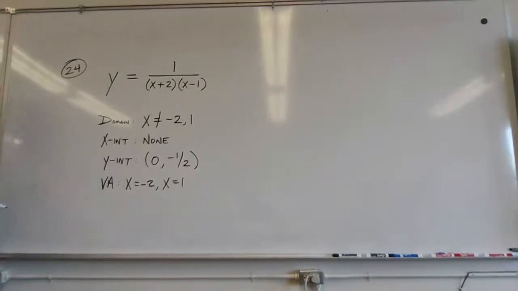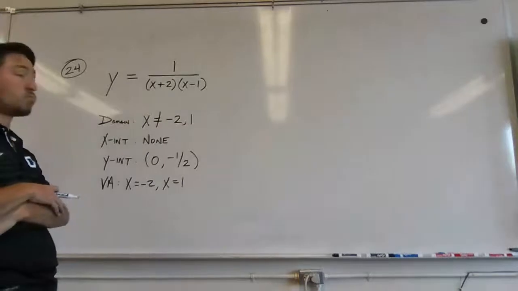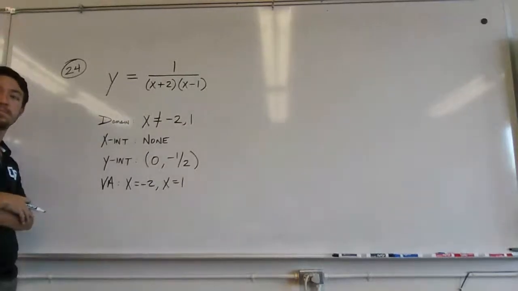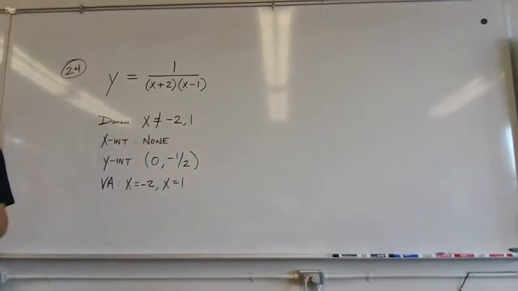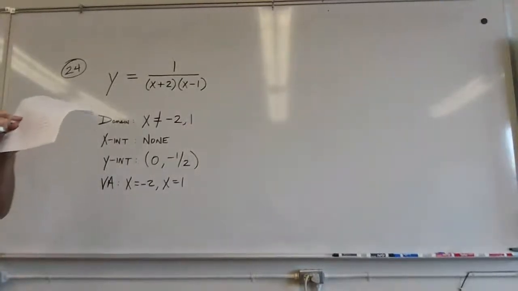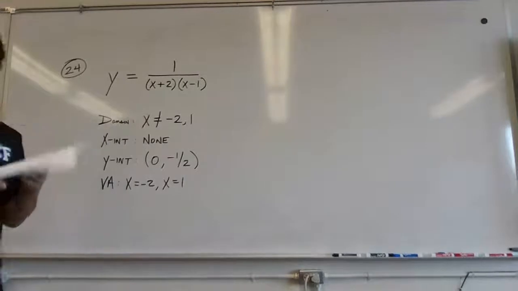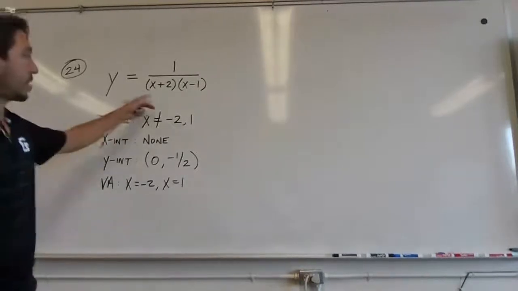Would you plug it in at like the original problem? Either one. The original function. Yeah, the original one. If I look at the original function, I can even just cover up the x's with my finger and see that it's 1/-2. But certainly it's not wrong to plug it in here.